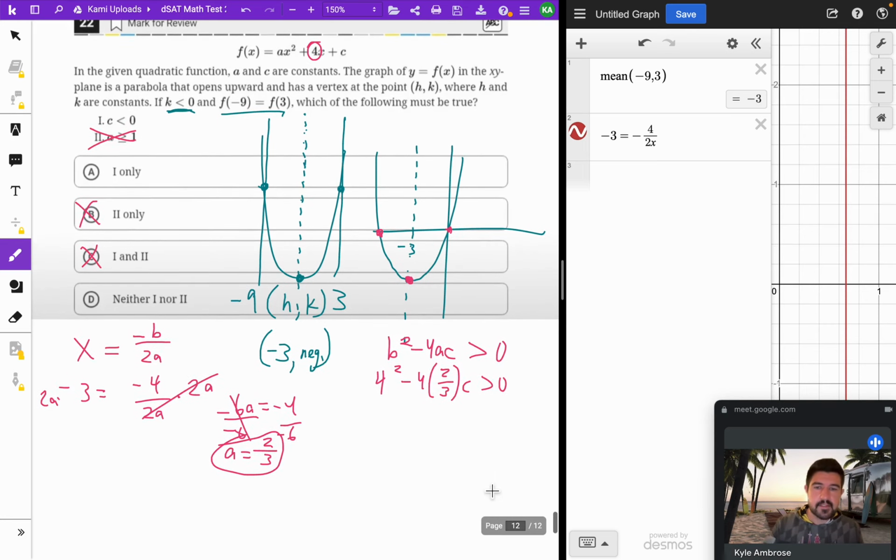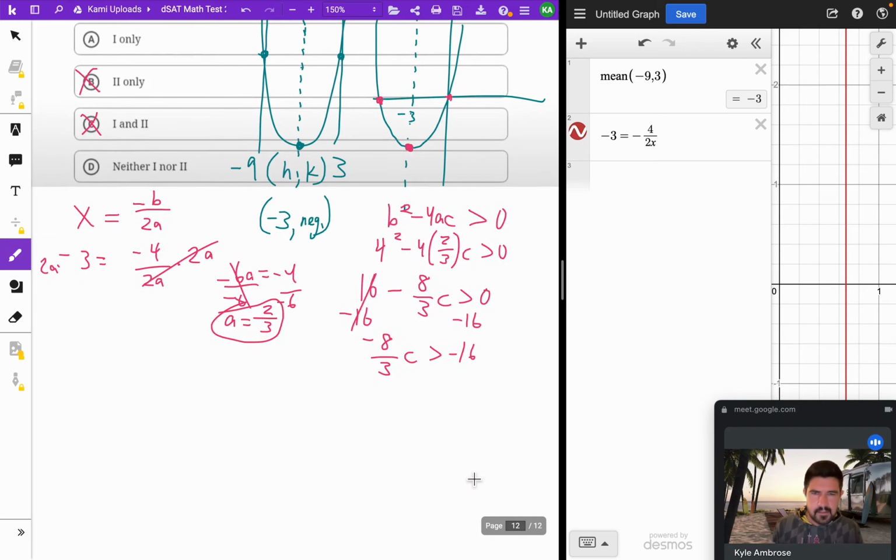And when we do this, we get 16 minus 4 times 2 is 8, so 8 over 3, c is greater than 0. Subtract 16 from both sides. Negative 8/3 c is greater than negative 16. And to solve this, let's multiply by the reciprocal.